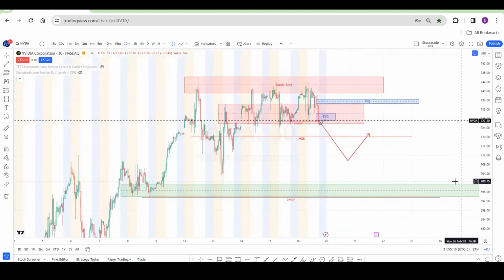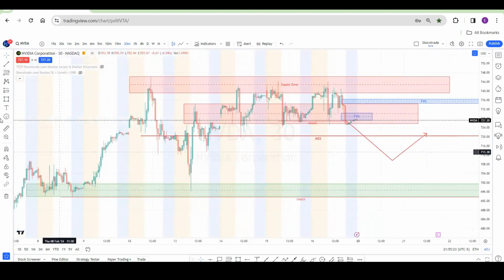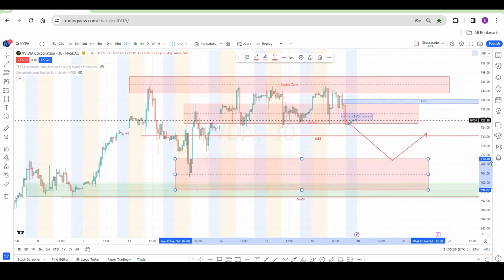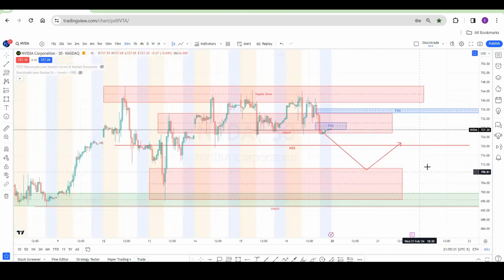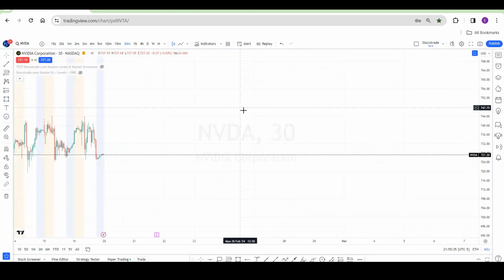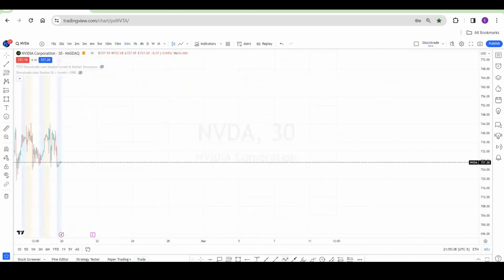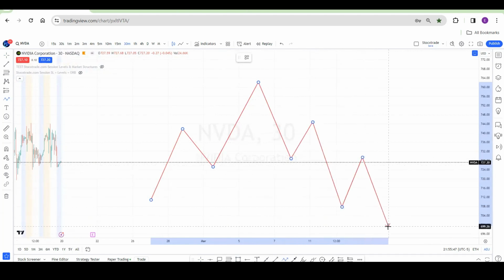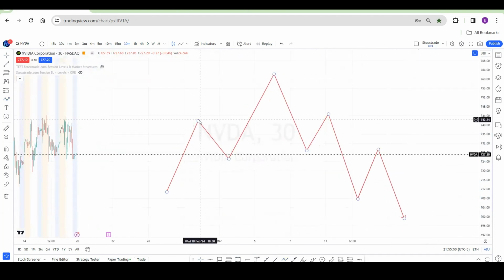Around 700, and if you mark this demand zone, it might come to test the 710 area. What the Quasimodo strategy is, basically, is like head and shoulders. Like this: this is your shoulder, this is your head, this is your second shoulder.